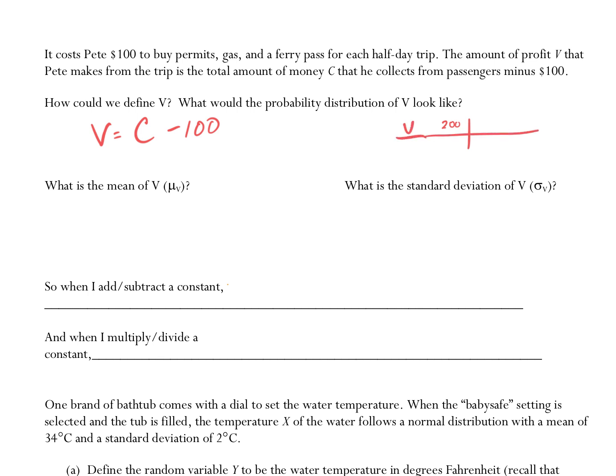So I'll call this variable V, and the probability of V: 200, 350, 500, 650, 800.